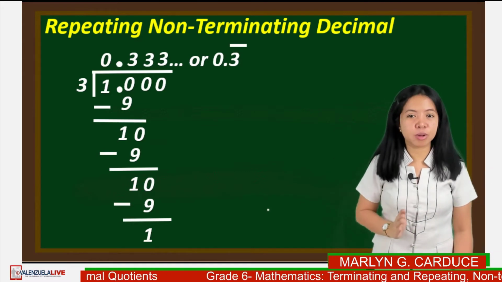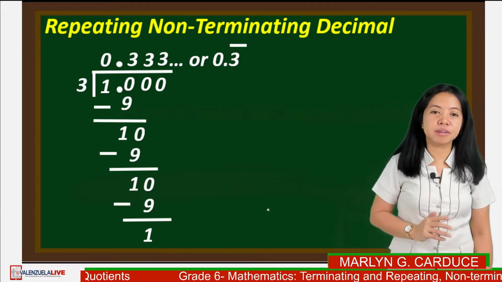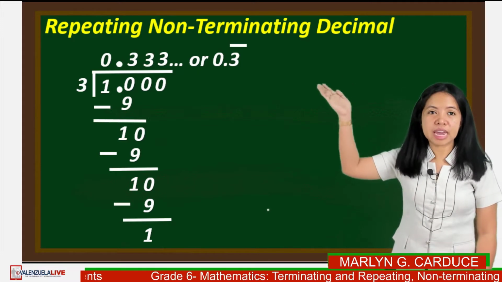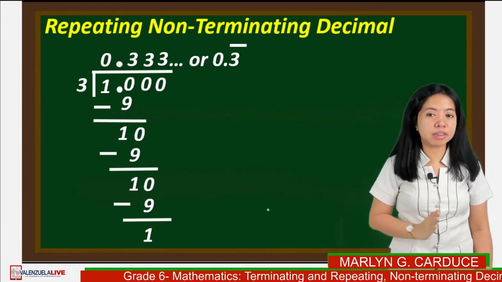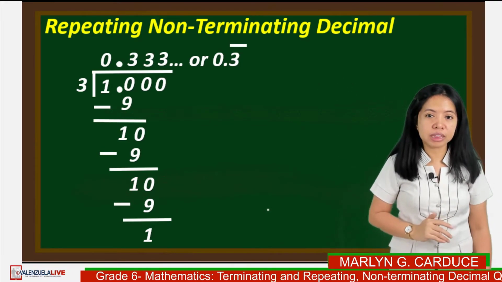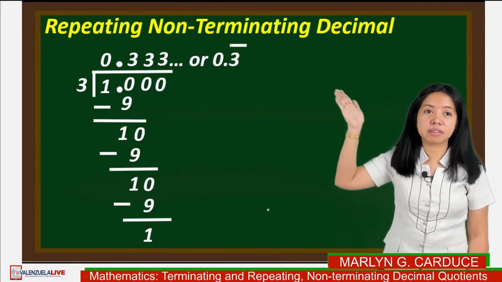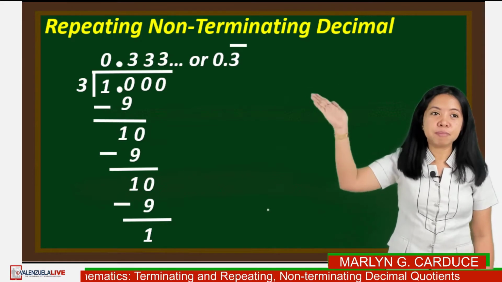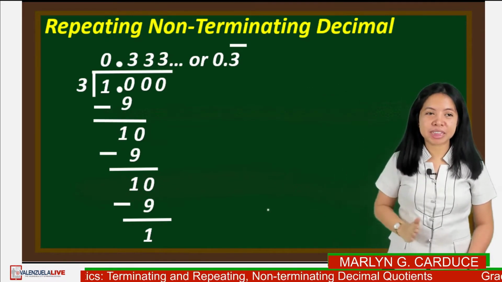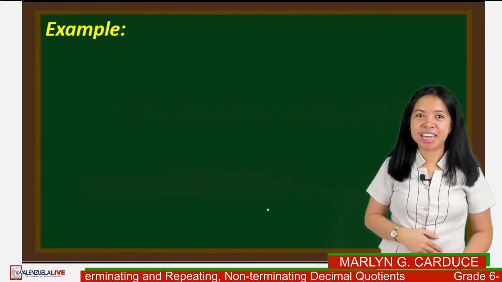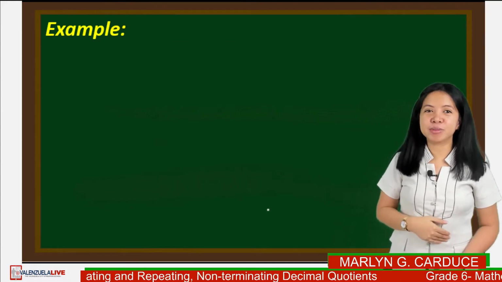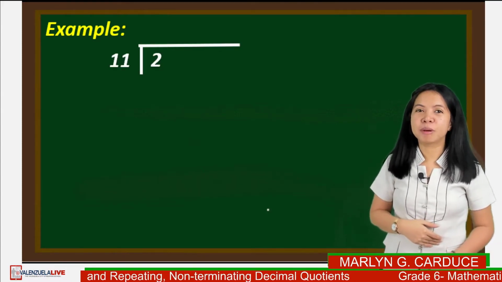And the digits in the quotient are continuously repeated. So we write 3 dots, or an ellipsis, in the quotient, or we put a bar above the repeated digit. Another example is when we divide 2 by 11.